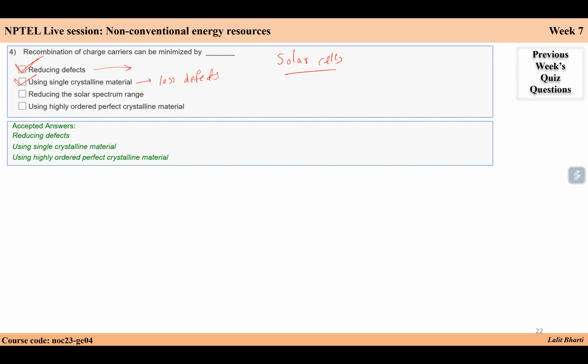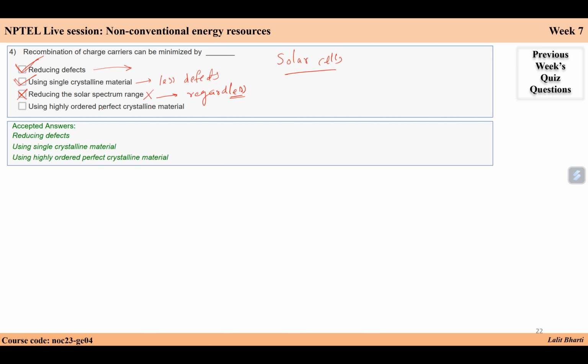Reducing the solar spectrum range, but the solar spectrum range has nothing to do with this material. So recombination will not depend on the solar spectrum range, whatever the range is. It is regardless of spectrum range. So this will not be correct.